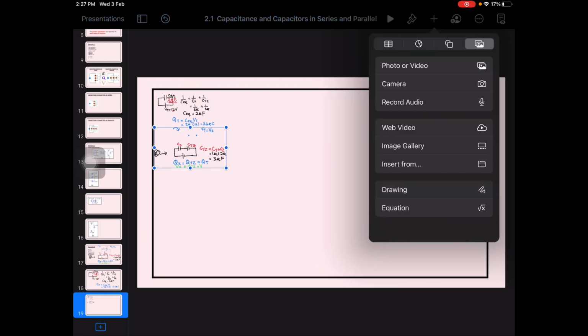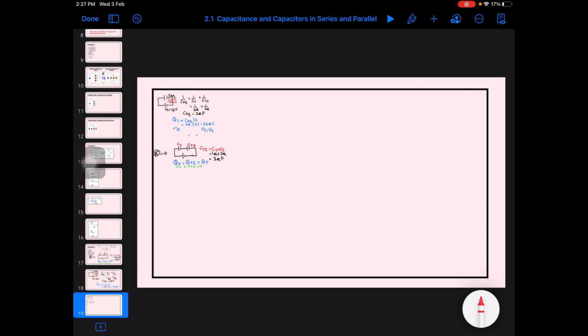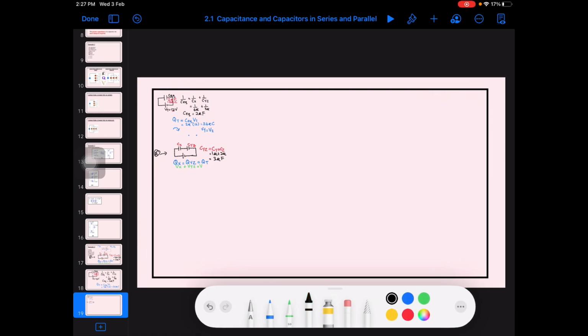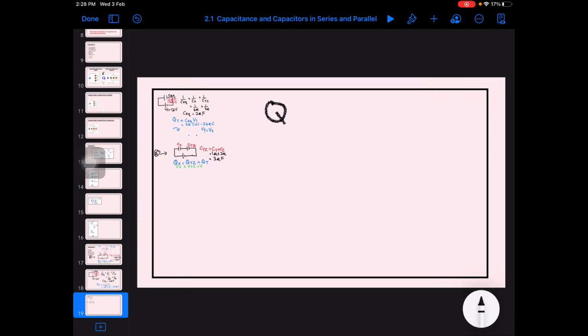Okay. So QX is equals to QYZ equals to Q total, where it is equivalent to 24 kan?